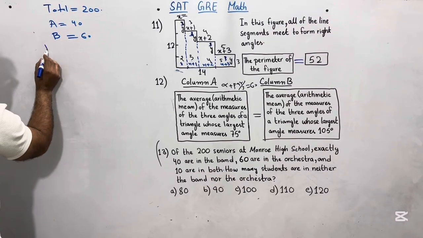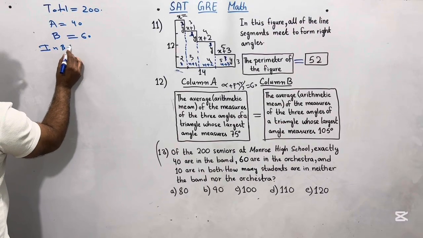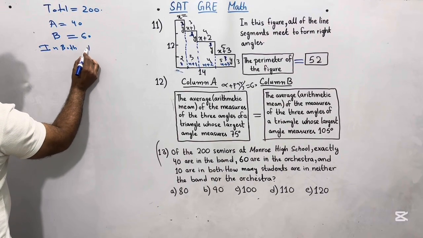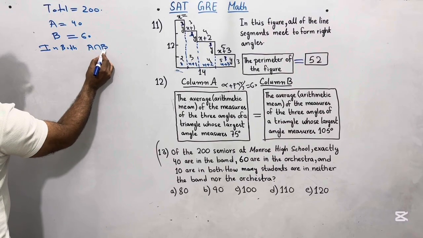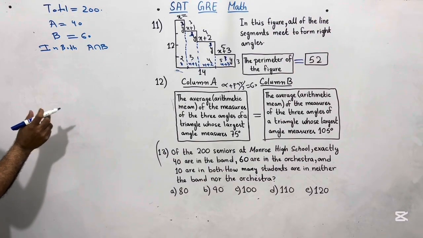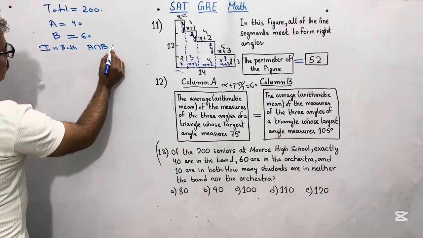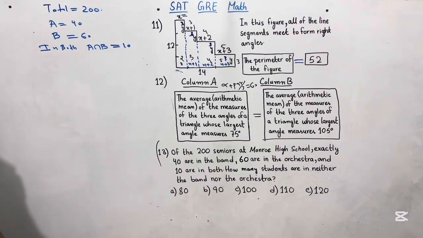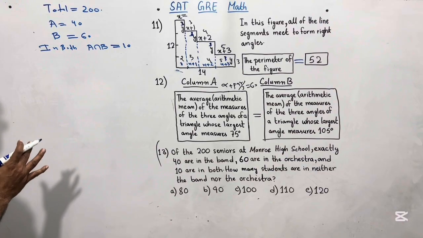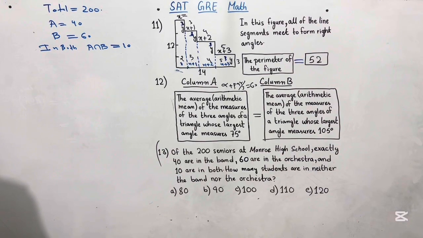In both orchestra and band, shown mathematically by using set theory as A intersection B, it is 10. Total number of seniors at Monroe High School, 200, while in band there are exactly 40 members, 60 are in orchestra, and 10 in both band and orchestra. We are asked to find the number of students that are neither in band nor in orchestra.